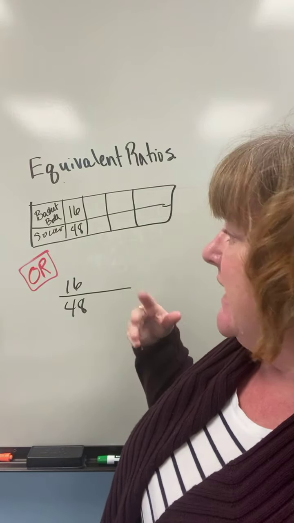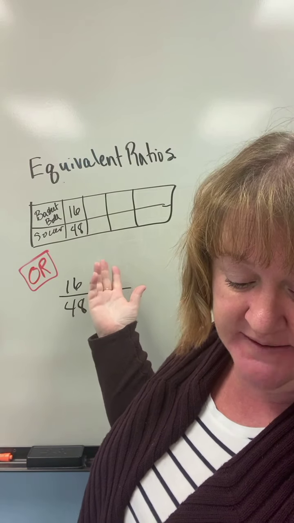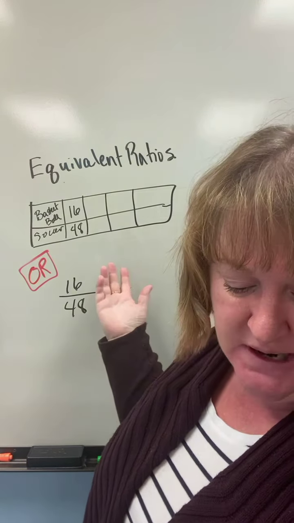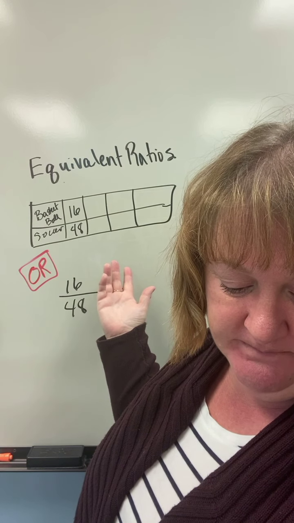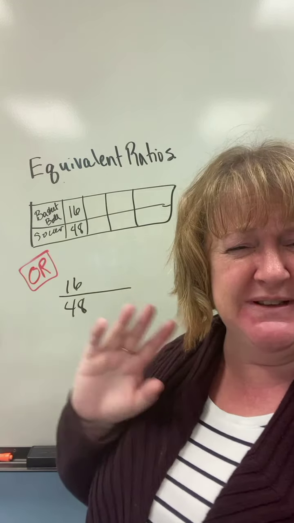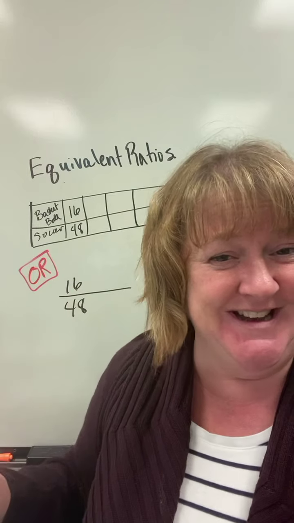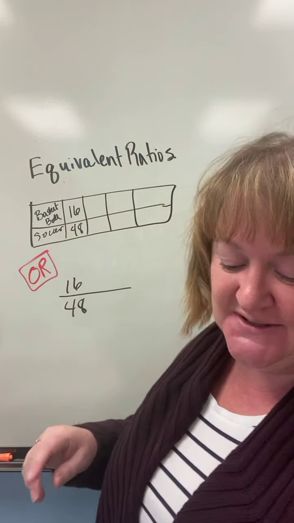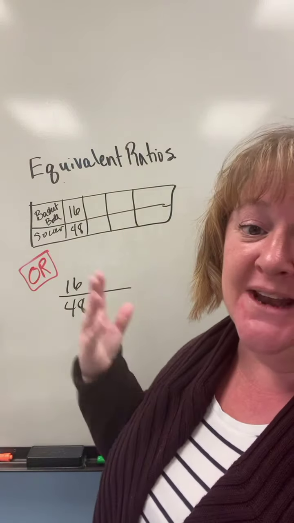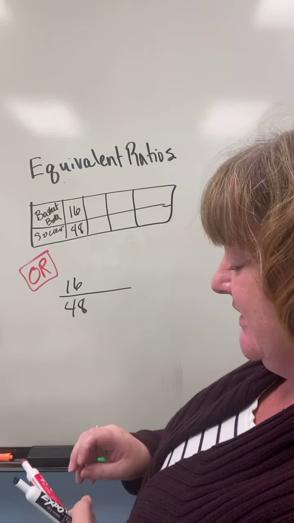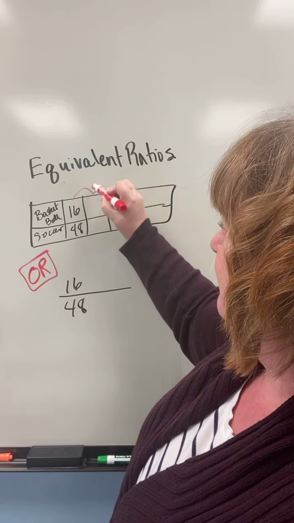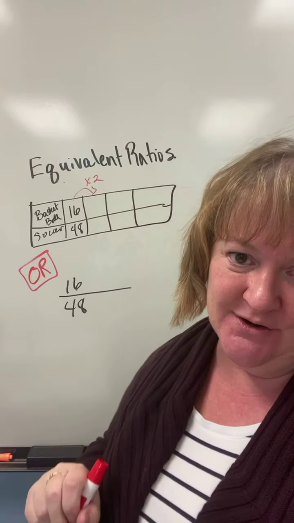So same idea. In example number 1, we're using multiplication to find equivalent ratios. A basketball team might have 16 players, and a soccer team might have 48, which seems a little odd to me, but we'll just go with that as an example. If we were going to add another squad, we could multiply this by 2. And do you remember what I would say?